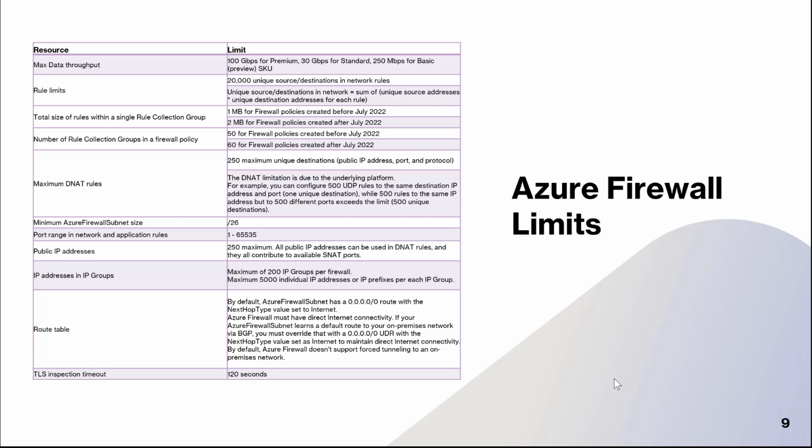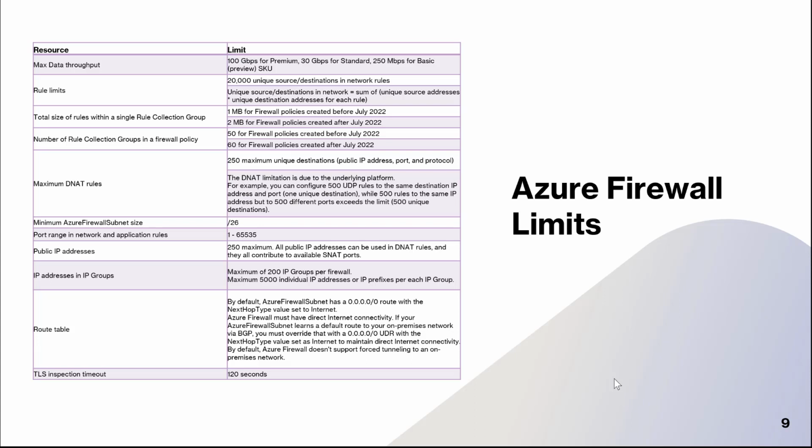Now, this would be important when you are talking about ingress traffic, that's your limit, right? So in a region, if you have more than 250 inbound ingress points, then you might either have to consider multiple Azure firewalls to distribute the workload or think about alternate solutions, right?